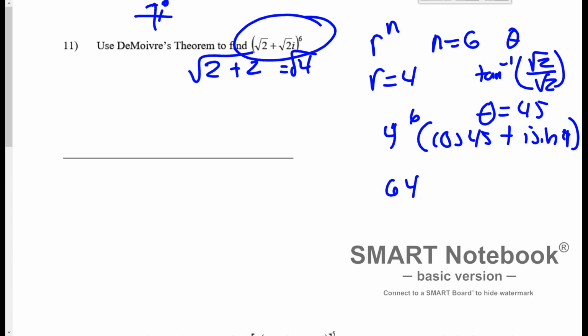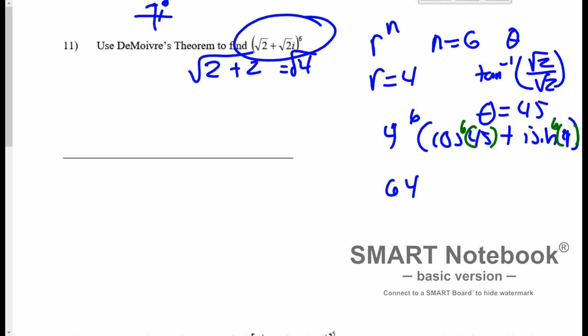And then I can just go ahead and solve this. One quick correction, I got to times my angle by my n. So that'd be by 6. Sorry about that. So I get 270.